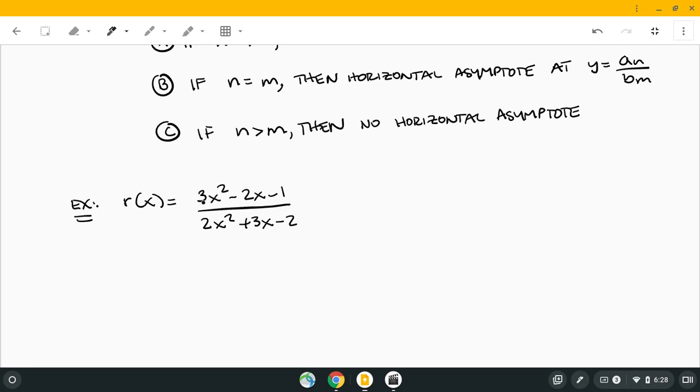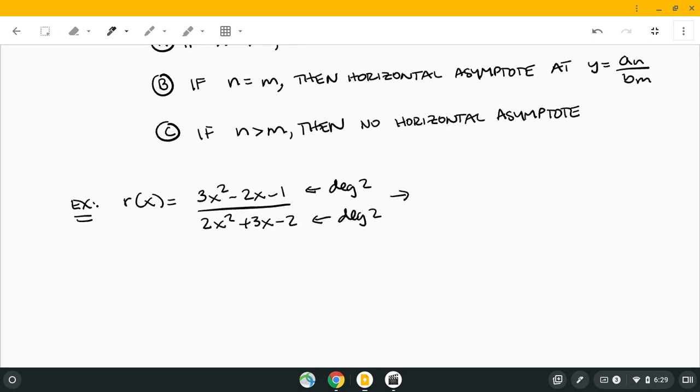The numerator is degree 2, and the denominator is also a degree 2 polynomial.